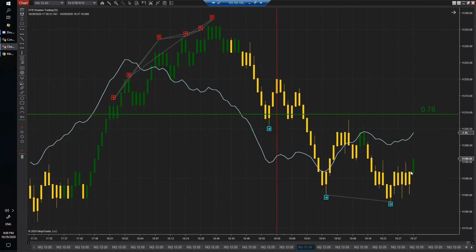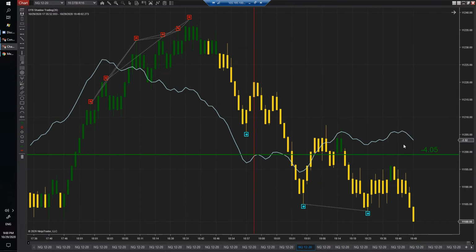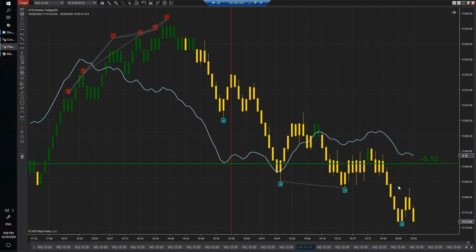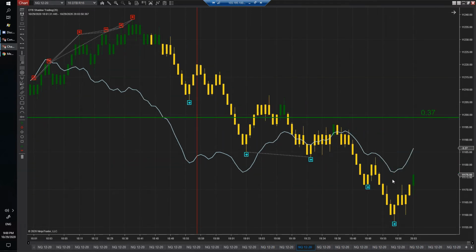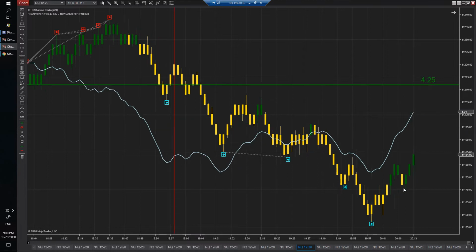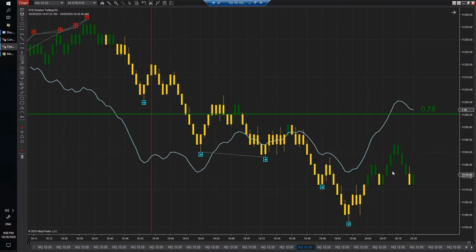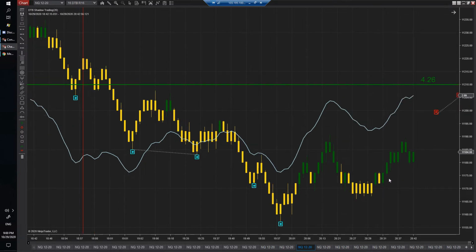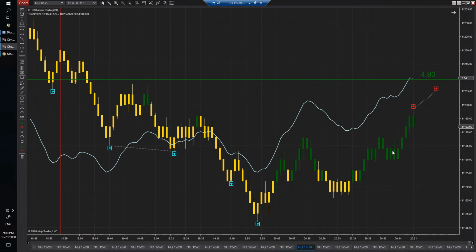It is important though to continue watching what price does, because it could also reverse, or it could drop further like it has over there, and then it's going to give us more of the green bars, and then eventually give us a clear sight that this price is going to be rising up.